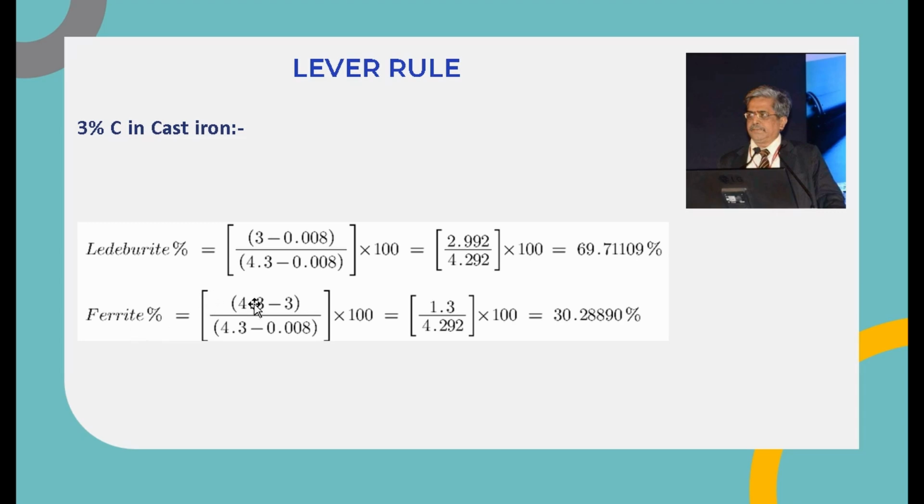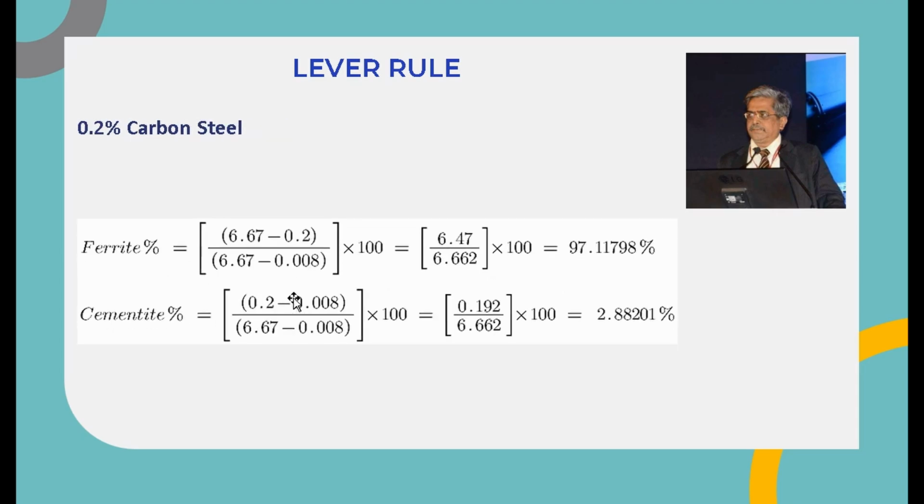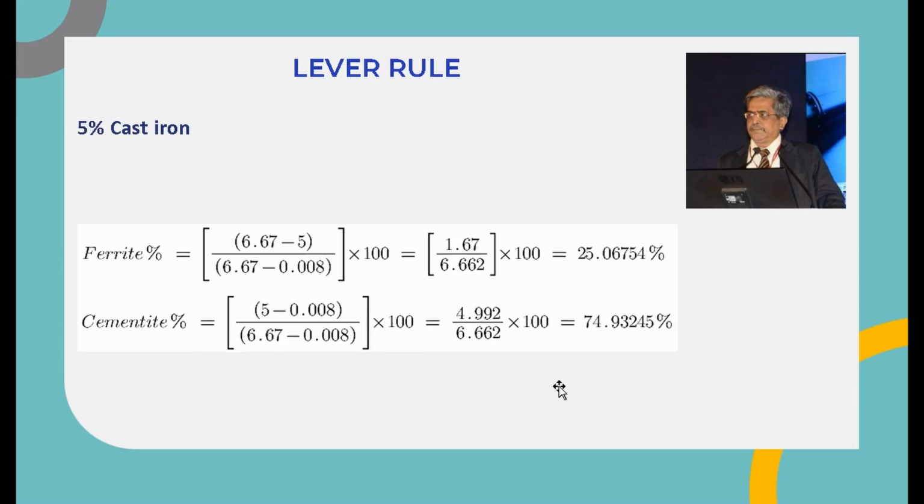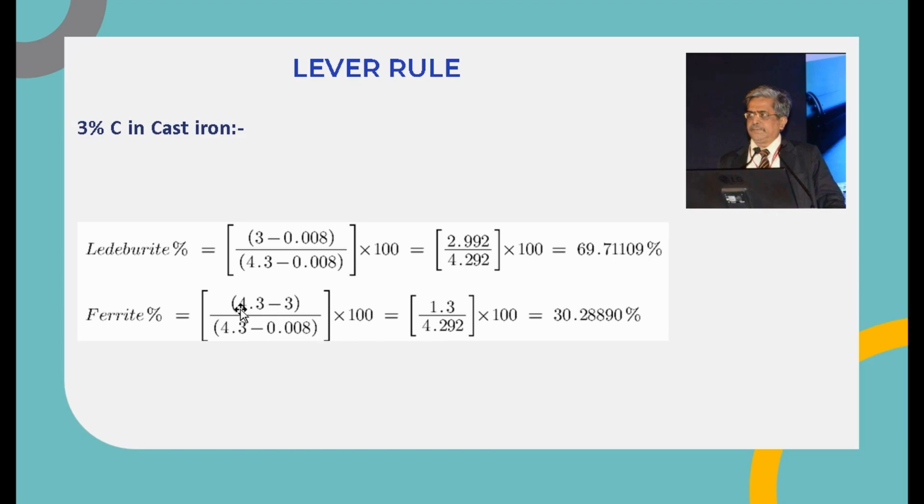So 4.3 minus 3 is the branch opposite to ferrite touching ledeburite. You see, for 3% carbon, for ferrite, the branch opposite to ferrite but touching ledeburite. So 4.3 minus 3 divided by the total distance 4.3 minus 0.008, into 100. This is the percentage.